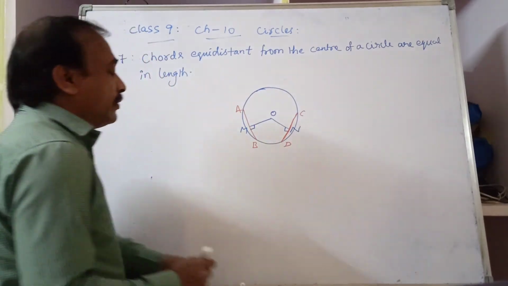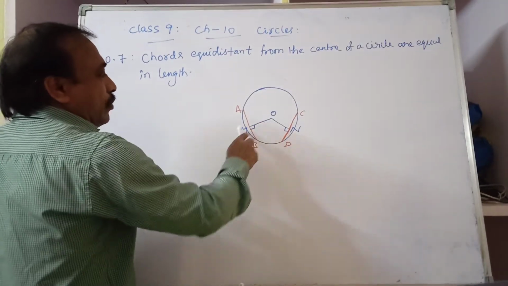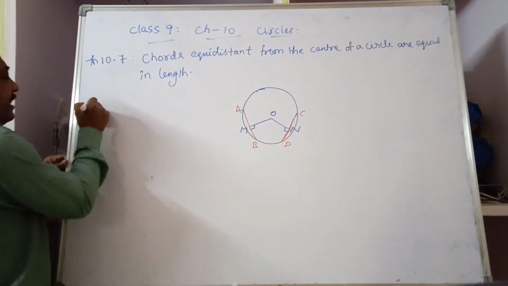Now we have to prove that the chord AB is equal to CD. It is given that OM is equal to ON.